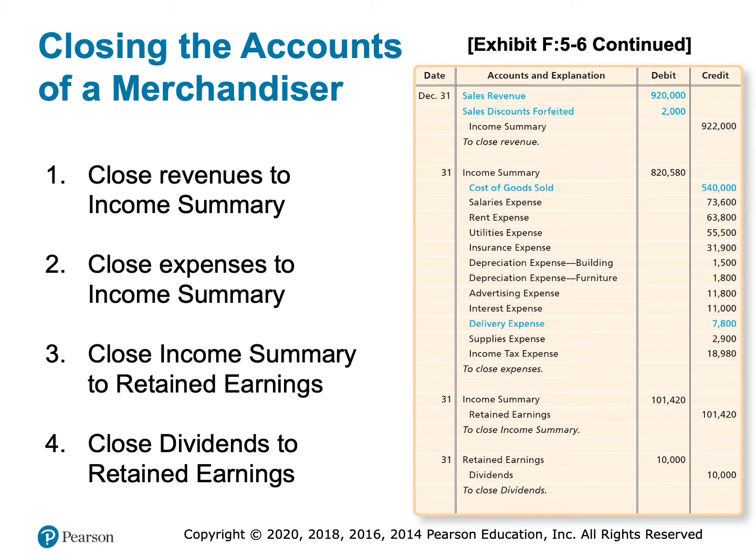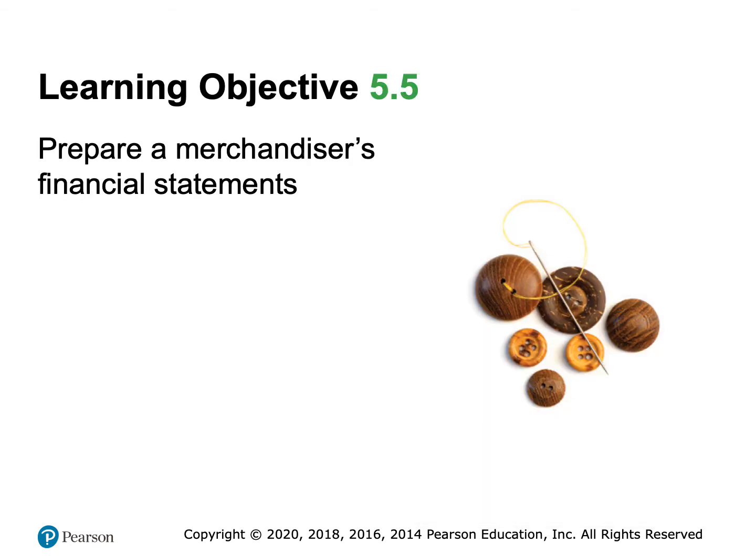Cost of goods sold is the one we tend to forget because it doesn't end in the word expense, but I want to make sure that I close that out as well. You'll also have that adjusting entry to record the estimate of the sales returns and the estimate of the refund payable.